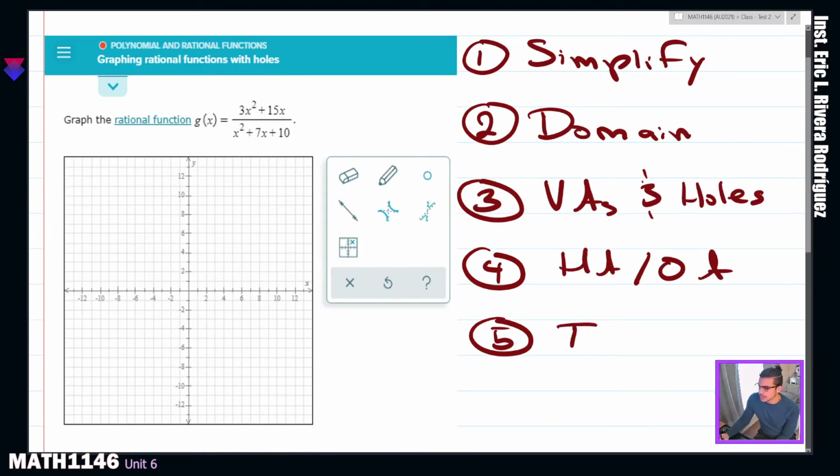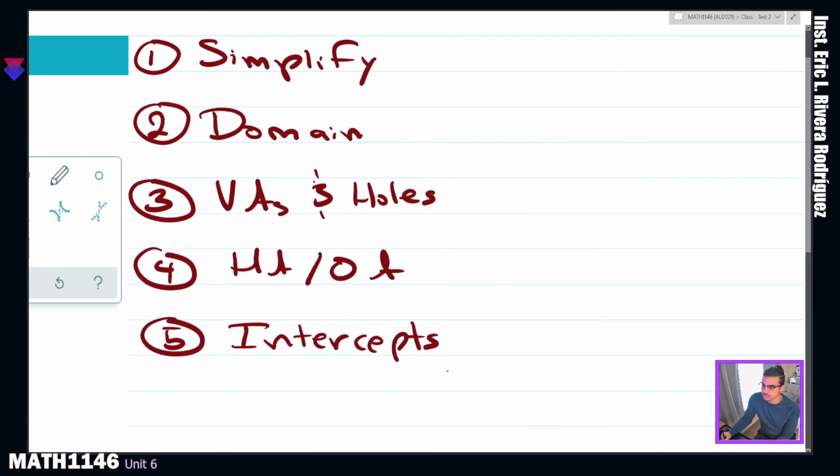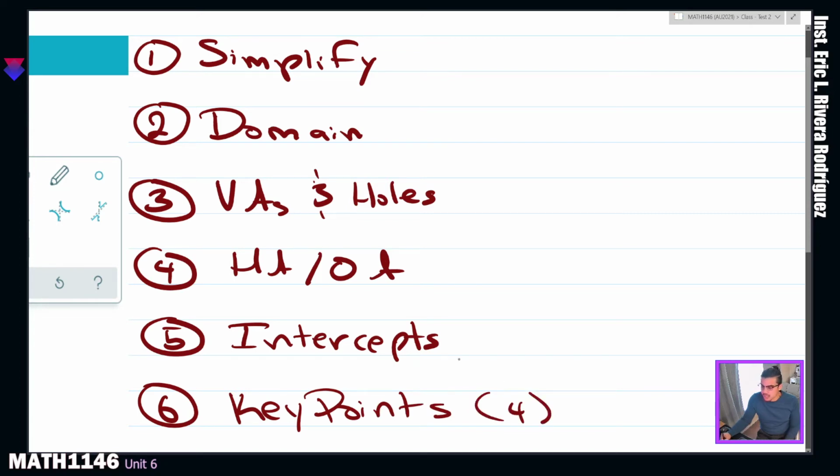All right. Intercepts. With this information, the last step will be getting the key points. Remember that we need to have 4 key points.